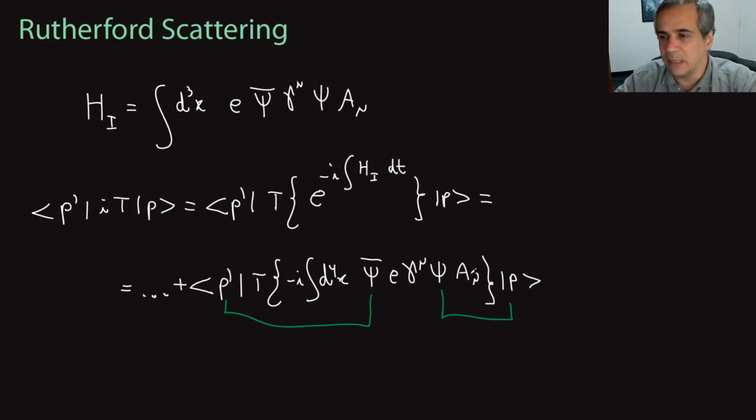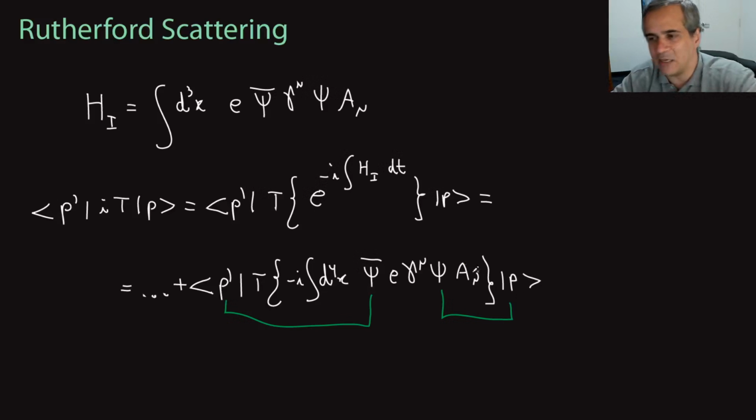It is a classical field. You can think of it as the A classical that we defined before, right? Because in terms of photons, I have vacuum here and vacuum here for the photons. There's no photons here, no photons there. So if this was an operator, the result would be zero, because the annihilation operator for photons would hit the vacuum on the right side, and this would be zero.